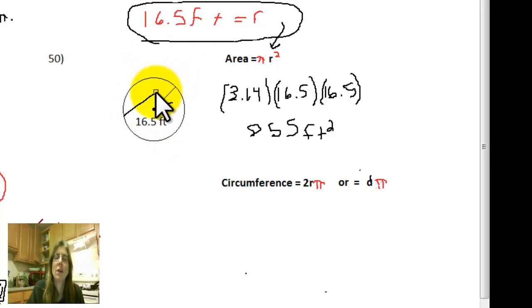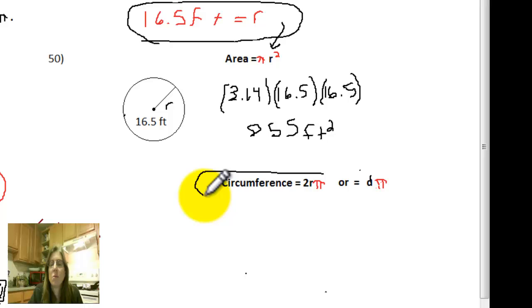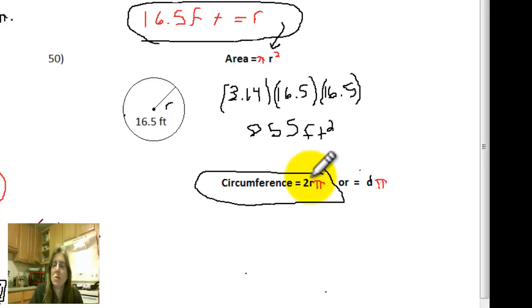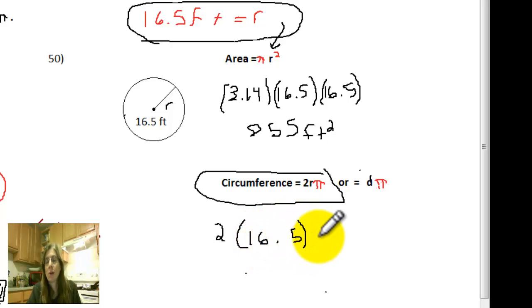And now to calculate the circumference, we are going to use this formula, because we have a radius, and we can plug our number into this formula, 2 times the radius, so 2 times 16.5, and that's a different value than the radius squared, and then times pi.